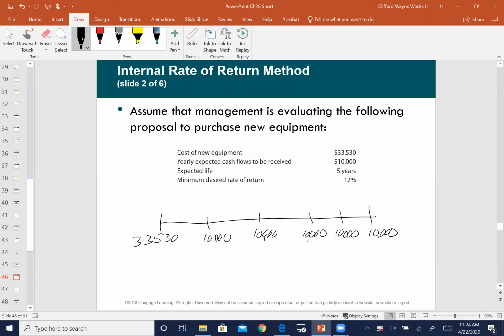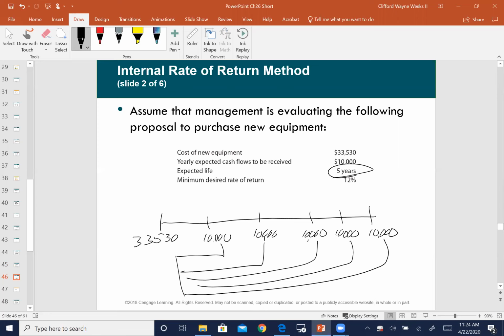What we want to know is, if we were to take the present value of all these 5 years, this total would equal 33,530, so that our net present value equals 0. At what interest rate would that happen?